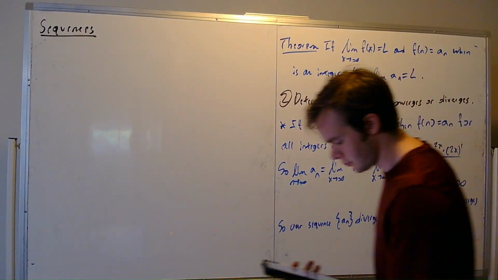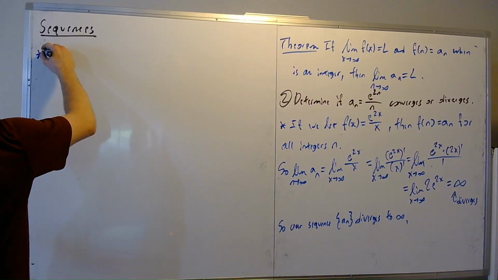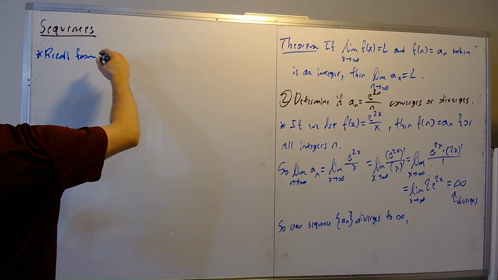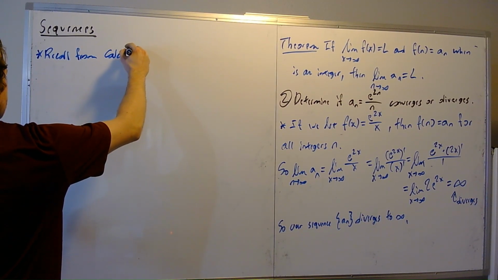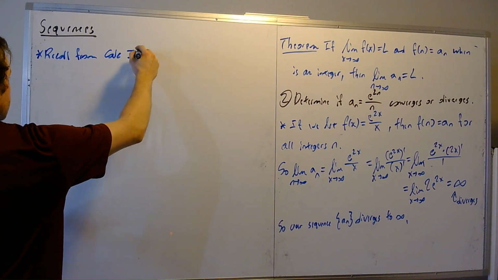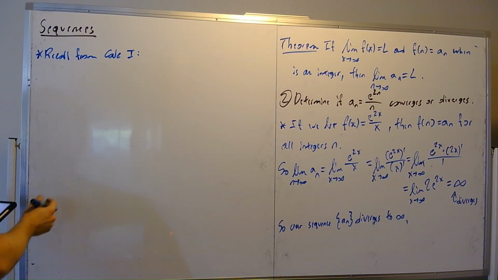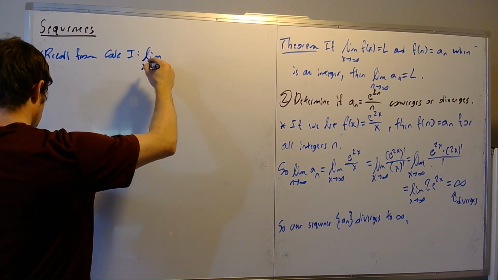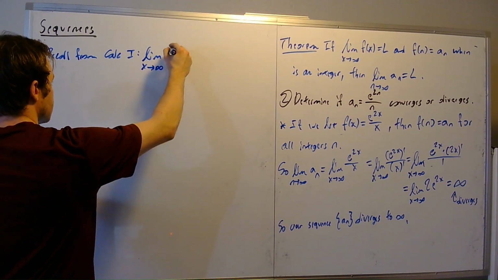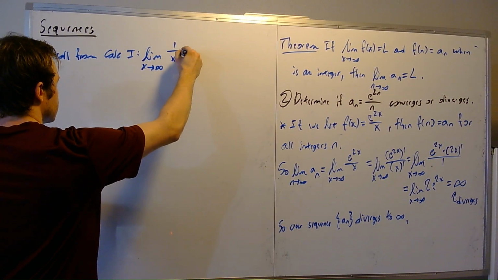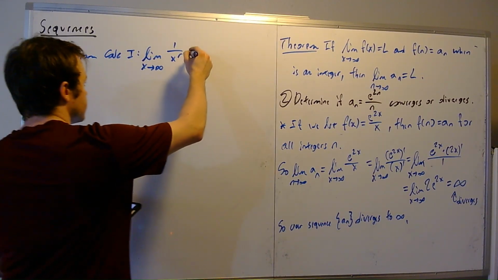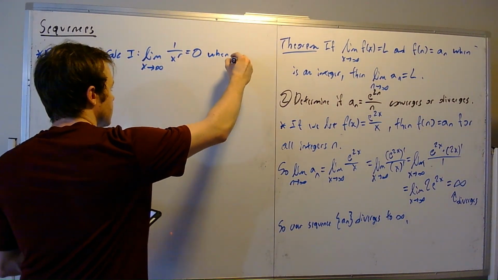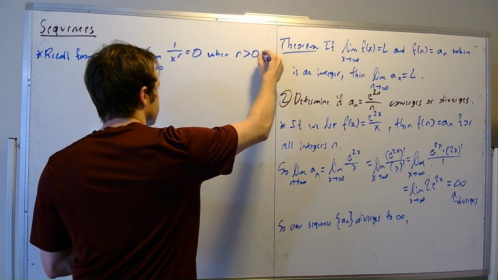We've already finished the problem here, but recall from Calc 1, now I remember why I wrote this. We're going to use this in an upcoming example: if we have the limit as x goes to infinity of 1 over x to the power of r, then this is going to be equal to 0 when r is positive, so r is greater than 0.